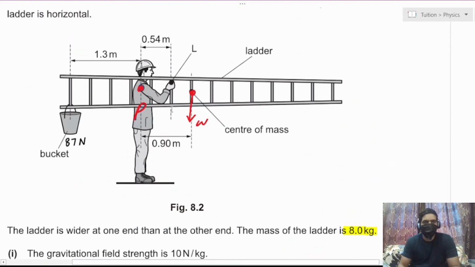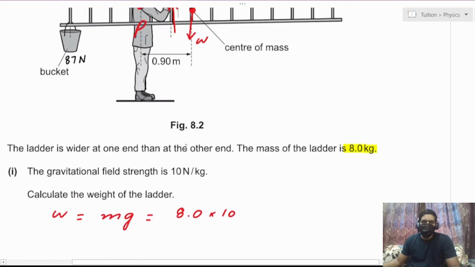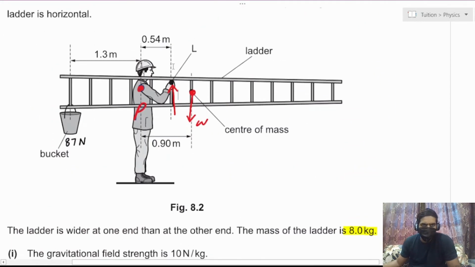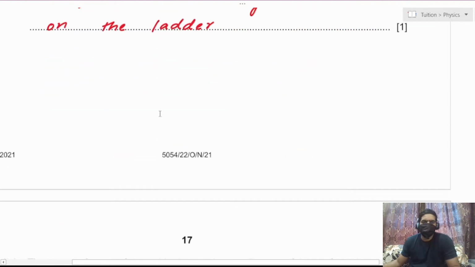So you go back over here, this is a point L. So the person is exerting a force, we don't know about that. They have called this force L. He is exerting a vertical force at the point L, and the distance between that force and the pivot is 0.54. We can see from the figure as well.